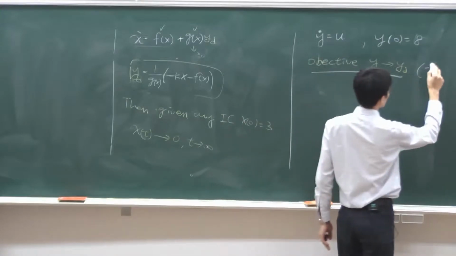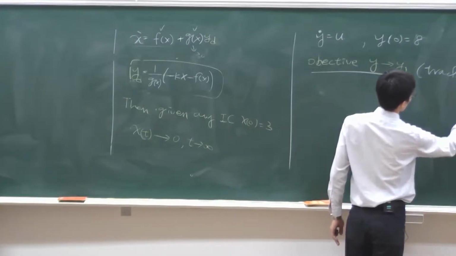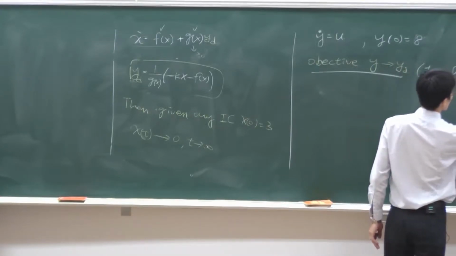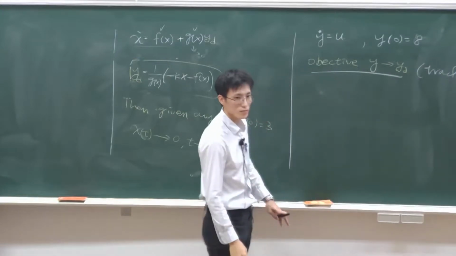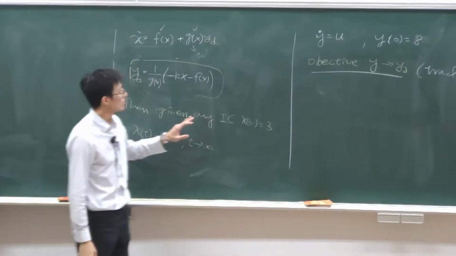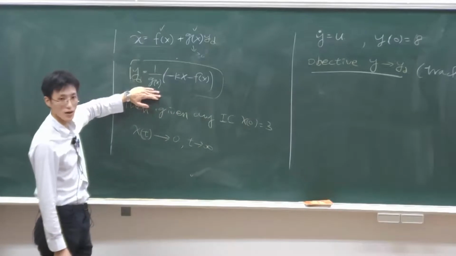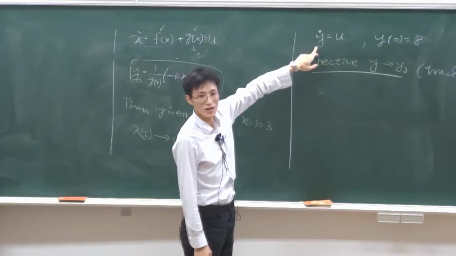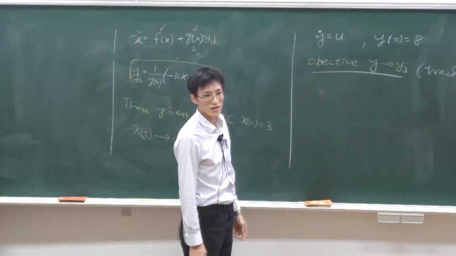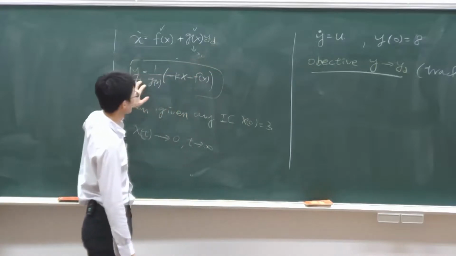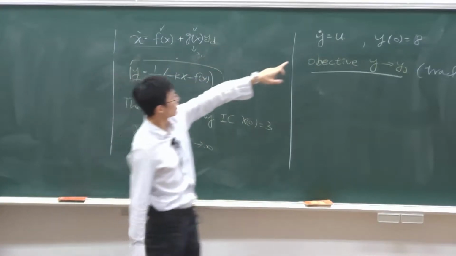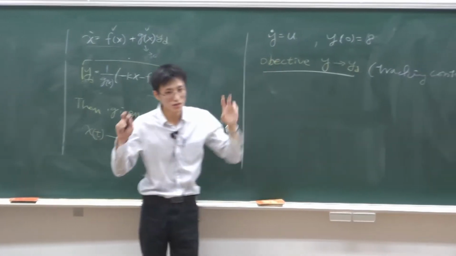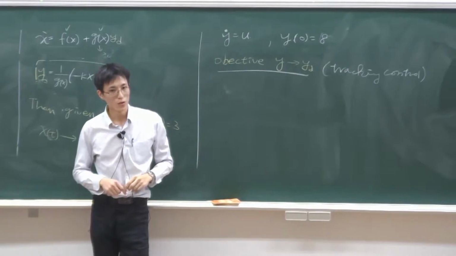It's a tracking problem, right? Here you are given a y trajectory, but what you can control is not y, you can control y dot. Here is asking for yd, but here you cannot control y. What you can control is y dot. Control y dot is totally different from controlling y.